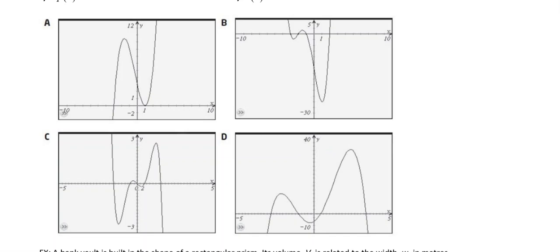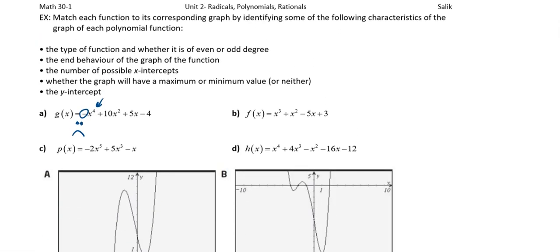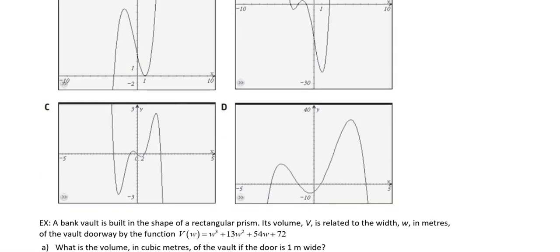But we could also see from this graph that we have a degree 4 polynomial, which means that we have a maximum of 4 x-intercepts. It could cross the x-axis 1, 2, 3, 4 times. It might not, because this thing might have gone up here, come down like that, up and then down.